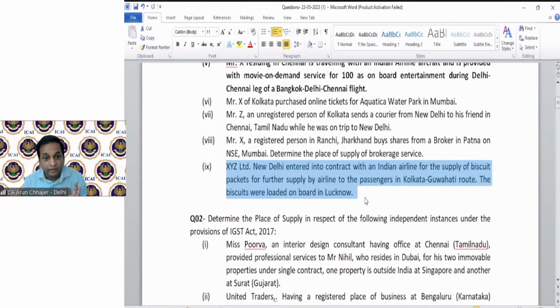Will it be Guwahati? Will it be Lucknow? Will it be New Delhi? Along with the reason why that location is the place of supply. Ms. Agrawal, I think you are giving the answer for the brokerage services, and that would be Ranchi, not Mumbai.